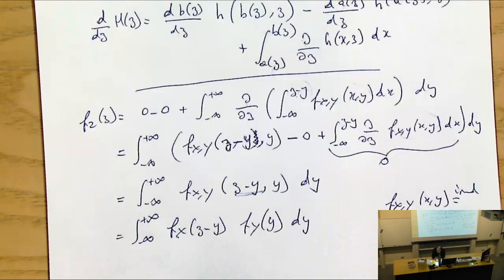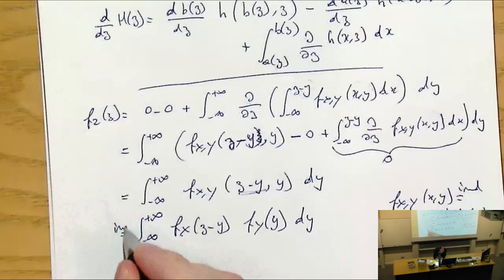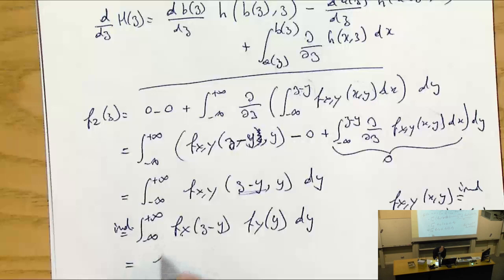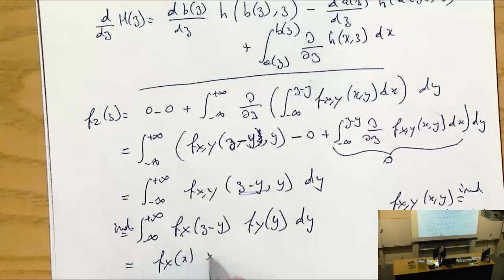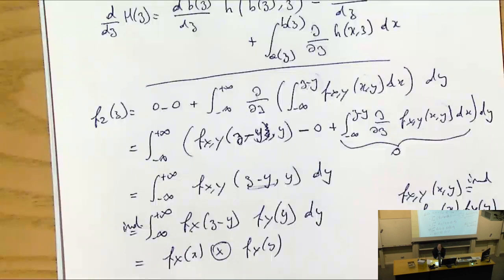Imagine your y is some time and your x is some tau. This is only if you have independence. This is essentially the convolution of x with y. You convolve the two probability density functions. Is that surprising? Well, it's not, based on what we discussed last week.